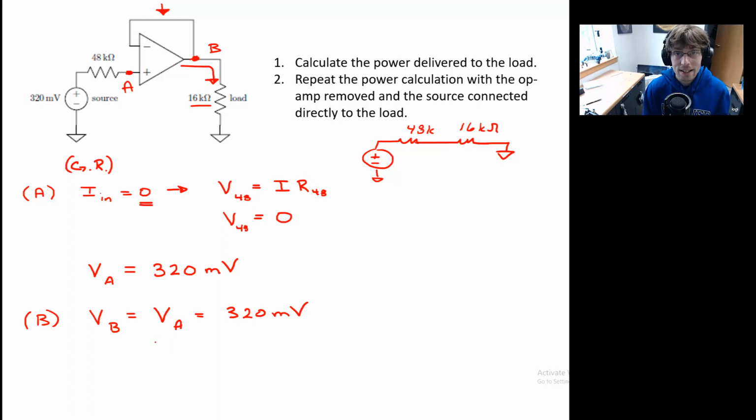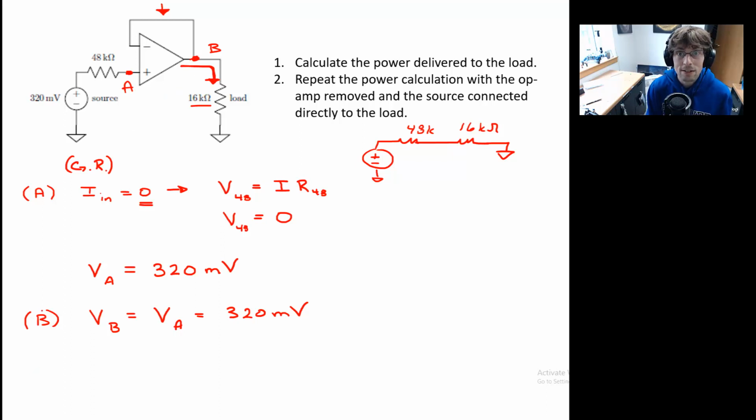So lastly, what's the current in the feedback loop approximately? Yeah, 0. Good. So you can kind of think of all of the current that exits the op amp flows through our load resistor to go to ground. Okay.